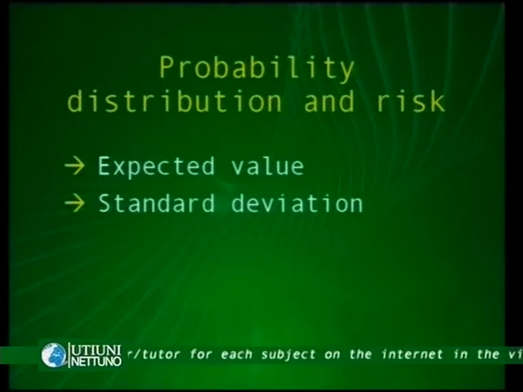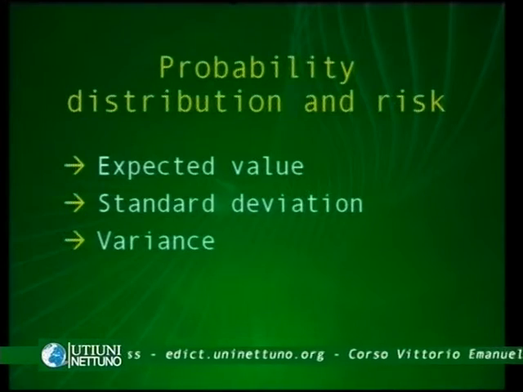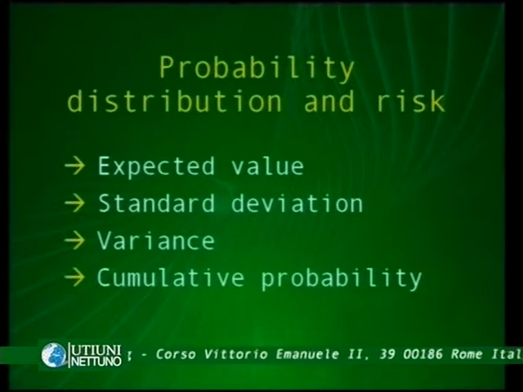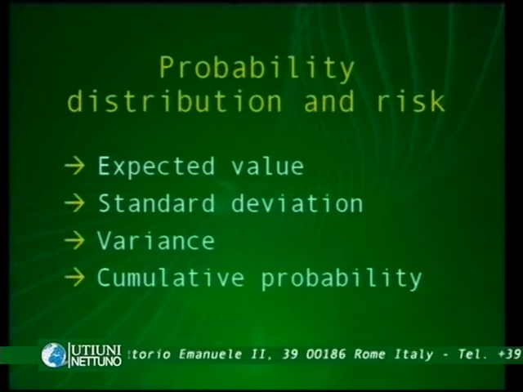Then clearly, as we have a wide range of possible outcomes, we'll also be able to calculate the standard deviation, that is a statistical measure of dispersion of the outcomes of a project, and therefore is a measure that proxies the risk underlying the project and the risk that a given outcome is different from the expected outcome of the project. The variance is just the square of the standard deviation. And finally, we have the cumulative probability, that is the total probability of having a certain outcome.